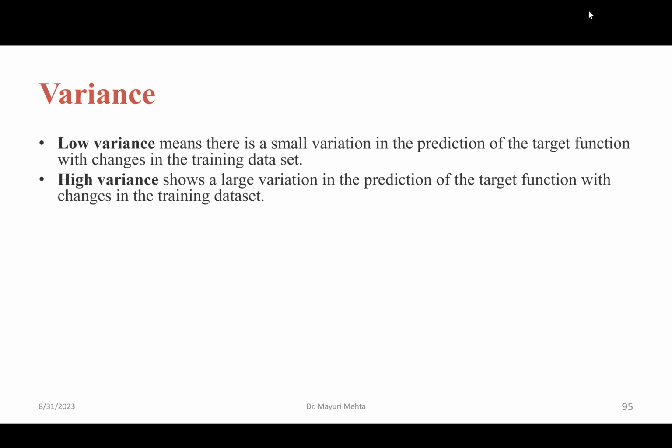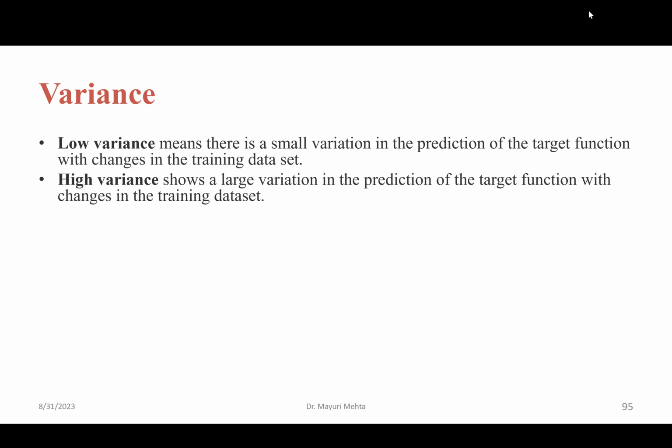In simple words, variance tells how much a random variable is different from its expected value. Ideally, models should not vary too much from one training data set to another, which means algorithms should be good at understanding the hidden mapping between inputs and output variables.